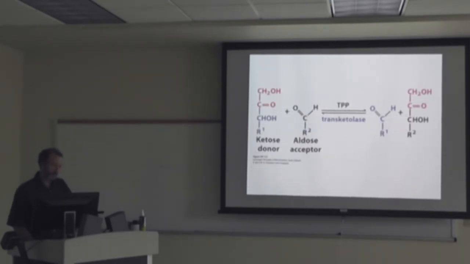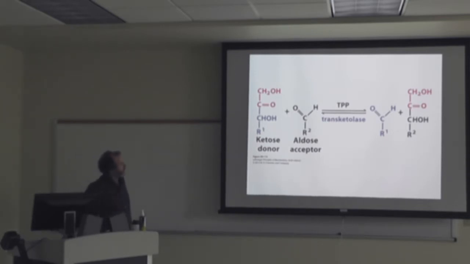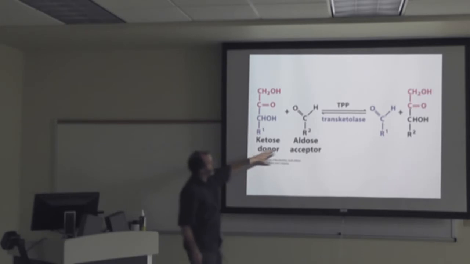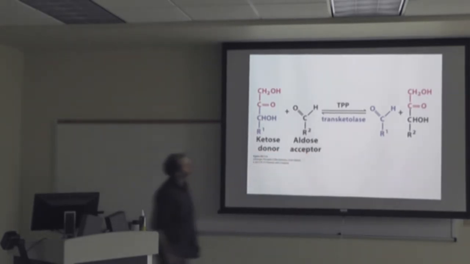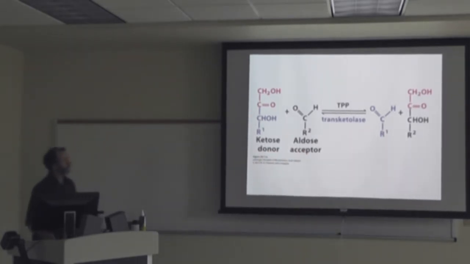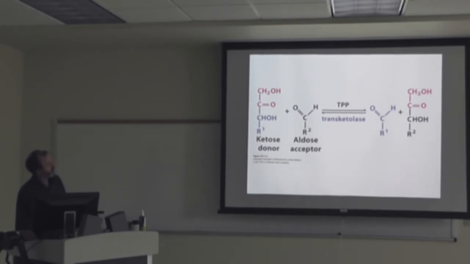So transketolase catalyzed reactions, we take the ketose donor and aldose acceptor, and you just switch that around. You just donate the keto group to the aldose, producing a new aldose and a new ketose.